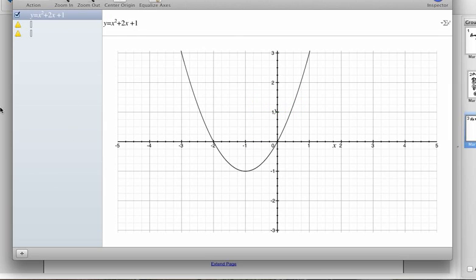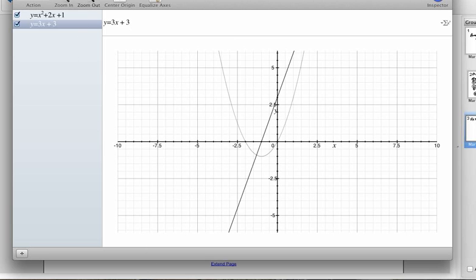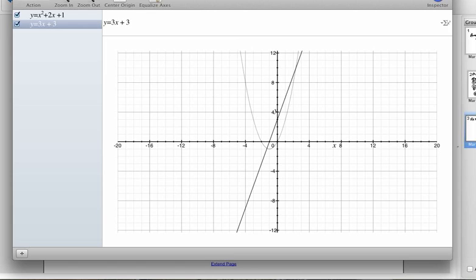And then we had another one which was y equals 3x plus 3. All right, and I'm going to want to zoom out. Okay, so there we go.